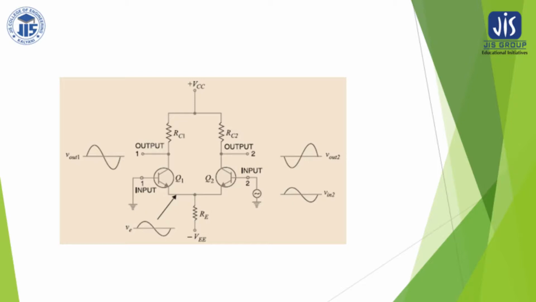And another way, we can take the differential voltage, that means whatever voltage is applied here, it will be inverted voltage. So that is called the differential input we are applying, and we can collect either the output from one transistor or the differential output, that is the difference between V01 and V02. So later on we will describe these different modes of operation.